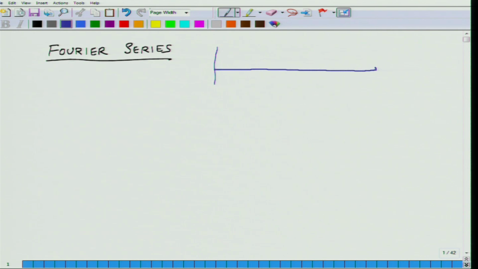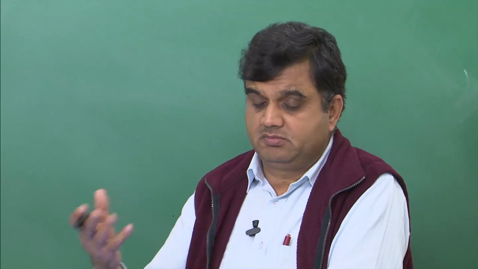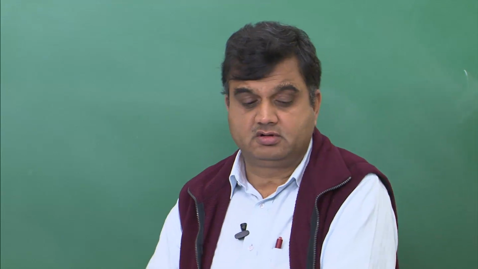So let's say this is my x-axis, and here instead of x I will call it, let's say, time, and on the y-axis I have some function of time, f(t). An example of this function could be the sound which I am recording through a microphone, or the voltage which is being generated by some instrument, or whatever.